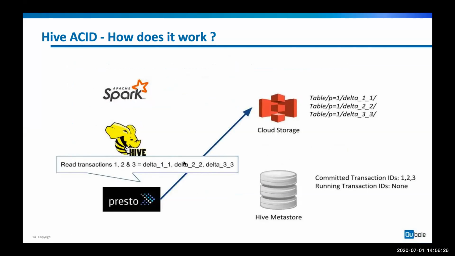For all those different operations, some delta directories will be created at your storage level. Which one is the latest version? That information will be kept inside the Hive metastore. And to get rid of those many subdirectories over time, we have manual and automatic compaction processes that can be used for merging those delta files, to make it more efficient with respect to performance.